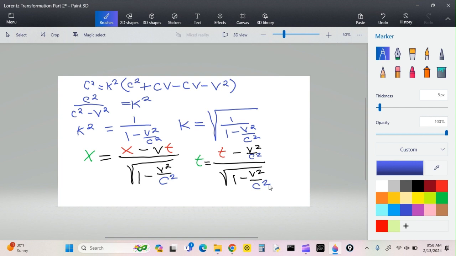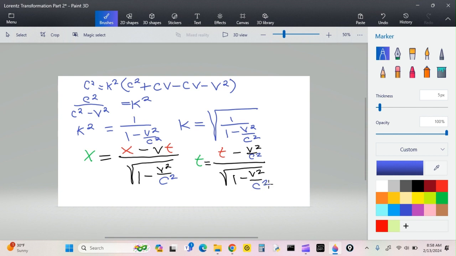And I want to get quickly to this before I lose your attention, which you've probably already fallen asleep. Here's the X value. It used to just be X minus VT. Well, now it's X minus VT over this value, which if V squared is much smaller than the speed of light, what's this?